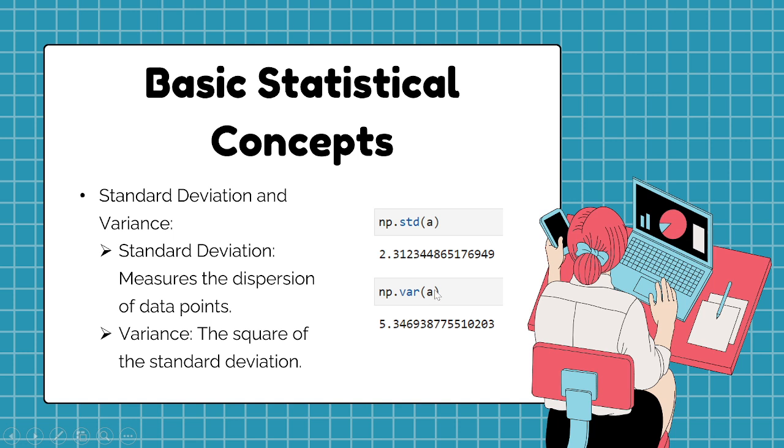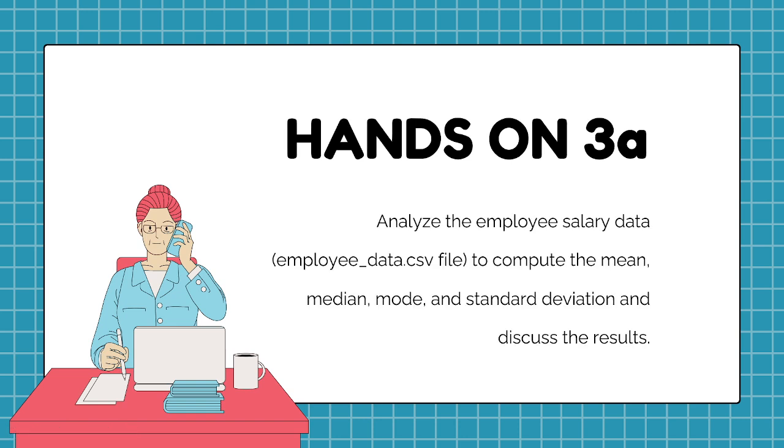So the standard deviation, what does it mean? It measures the dispersion of the data points. It means how big the difference is between the lowest to the largest, or maybe the lowest to the other values.